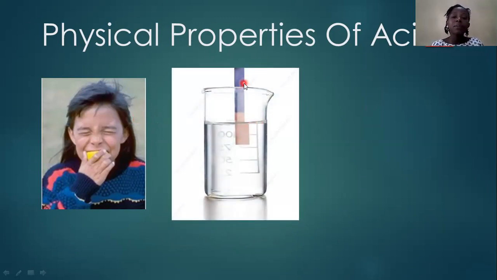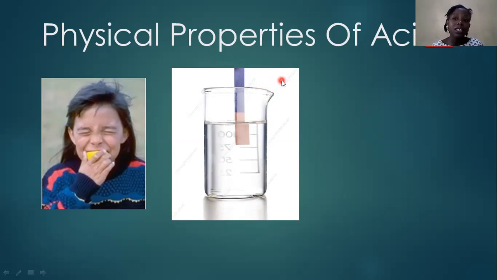A litmus paper, or litmus, is an indicator, something that helps to know what a substance is. So in the laboratory, we have what is known as litmus paper. When you dip a blue litmus paper inside a beaker containing an acid, it will turn it red. For example, you get to the laboratory and you see a substance.